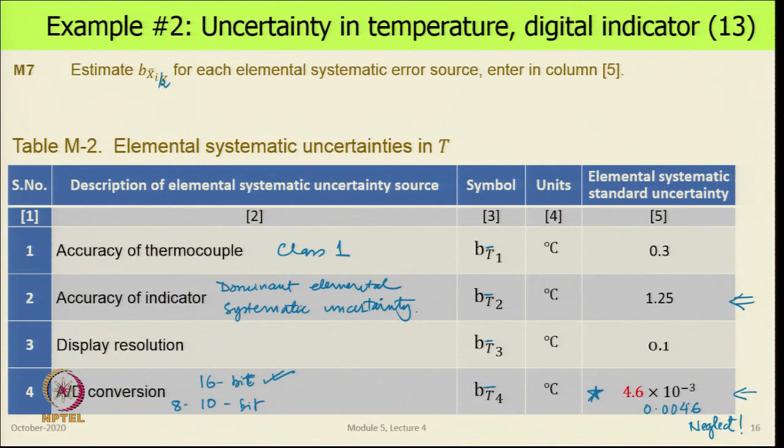Then the uncertainty due to conversion is negligible. But as you go from 8 to 10 to 12, 16, 20, 22, 24-bit converters, the cost increases substantially. So, we have to be ready for that.